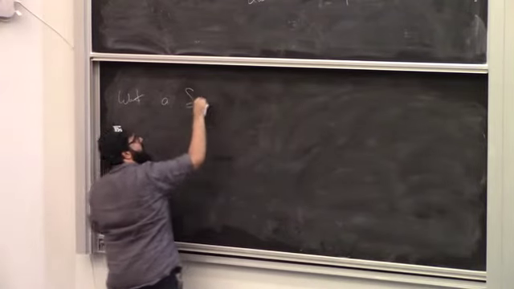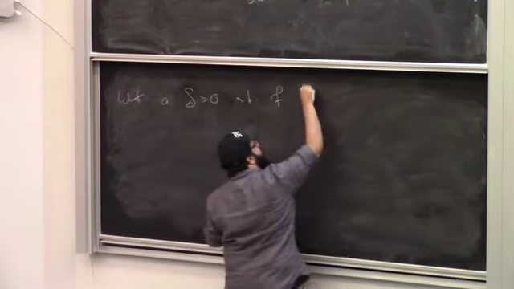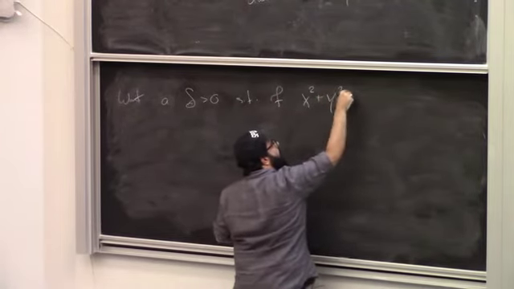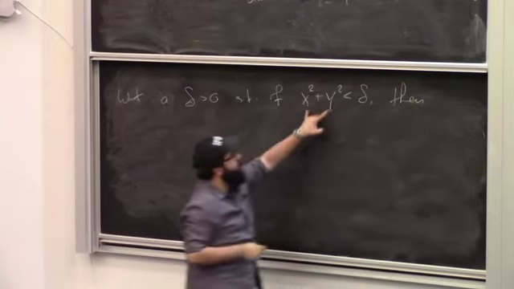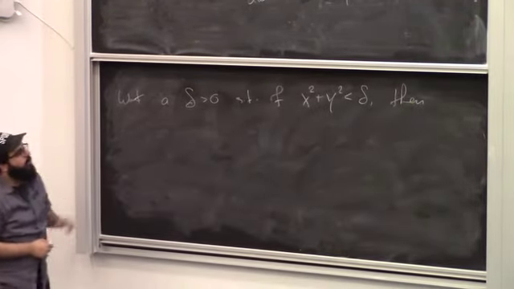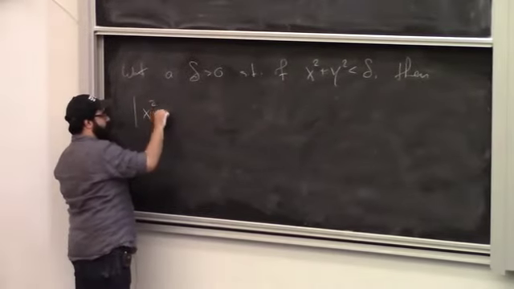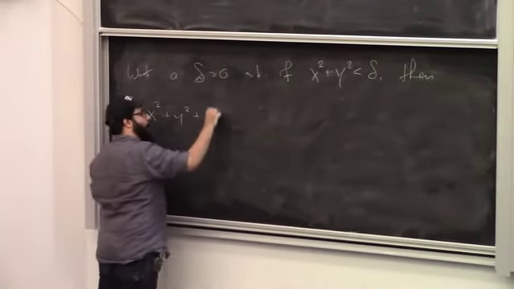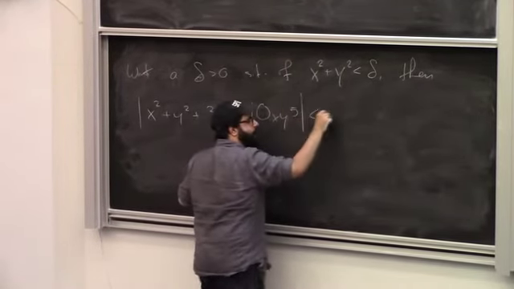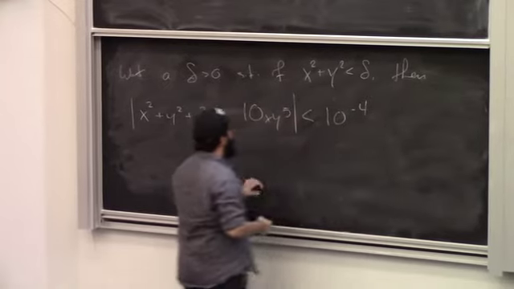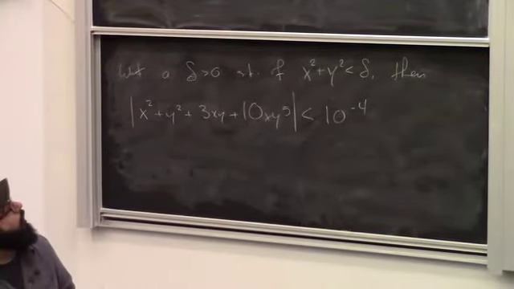I want a delta positive such that if this number is less than delta, note that this number is always positive, or 0, I guess, then this giant quantity is less than 10 to the minus 4. Did I get that right? Yeah.